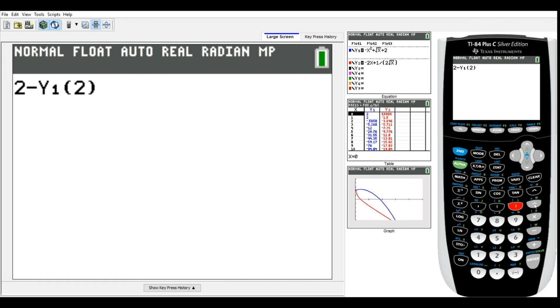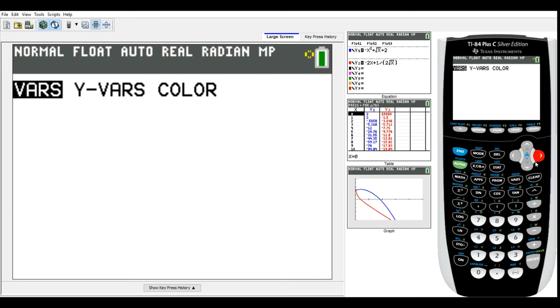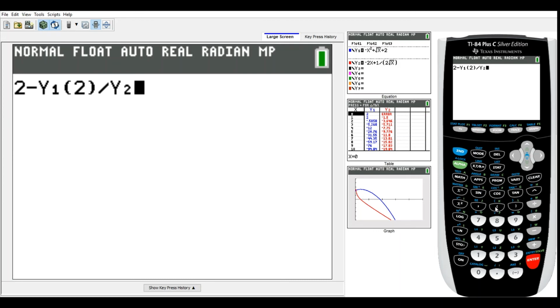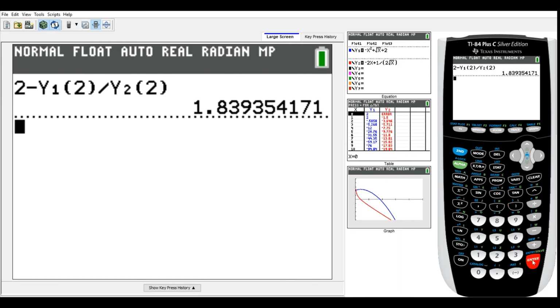And then I want to divide this by f prime of 2. Remember, in y2, we typed in what f prime was. So I'm going to hit vars again, go over to y-vars, function, and this time we'll go to y2, because again, that's where our derivative was. And we'll also plug in 2 here. If I hit enter, this should give us that first answer we saw, which was 1.83 something.